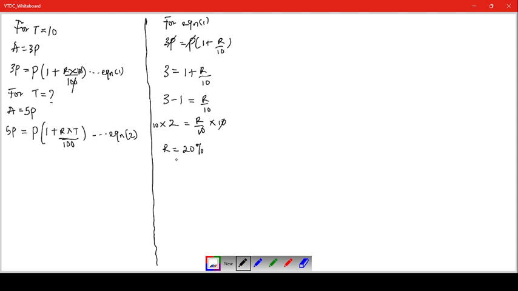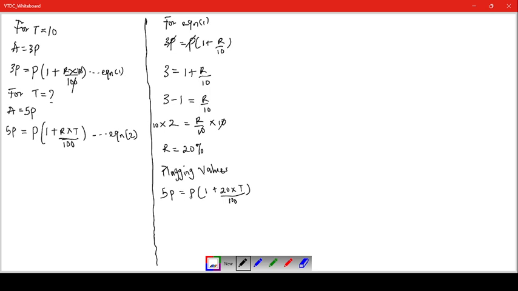So here rate is equal to 20%, and then we're going to plug it into equation 2 and then find what t is, because that is what is unknown. So plug in values. We have 5 of p is equal to p, all in the bracket, 1 plus 20 times t, all over 100 bracket close.